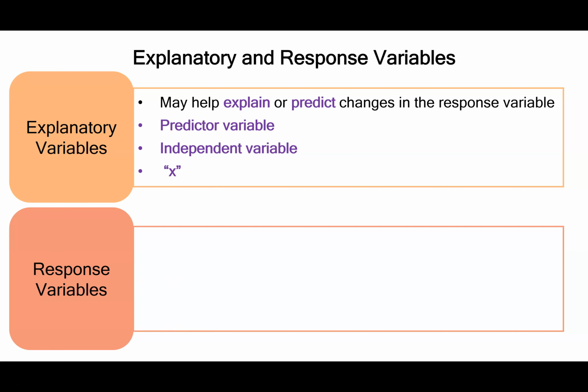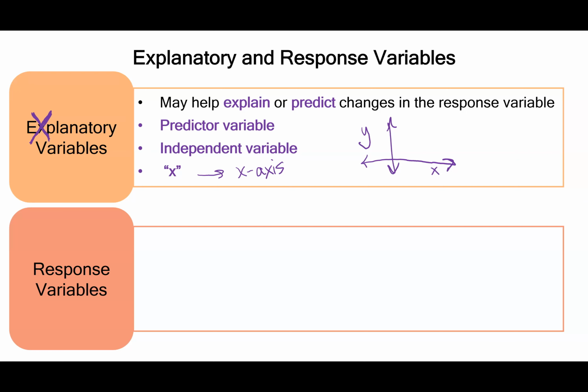So x. This implies it goes on the x-axis. When you have your axes, your y goes up and down, and your x goes side to side. I know it's cheesy. I like to say my explanatory variable. That helps me remember it goes on the x-axis.